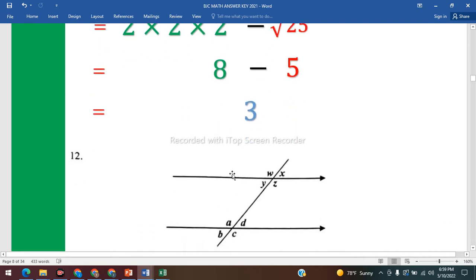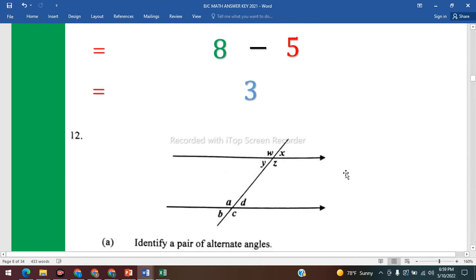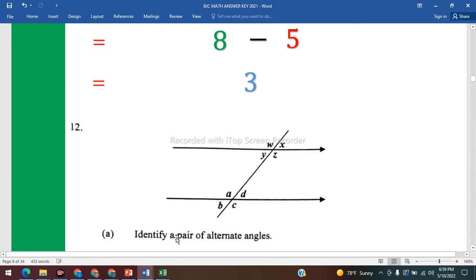We're going to end with this question before we transition over. Identify a pair of alternate angles. Y and D. Y and D. That's correct.